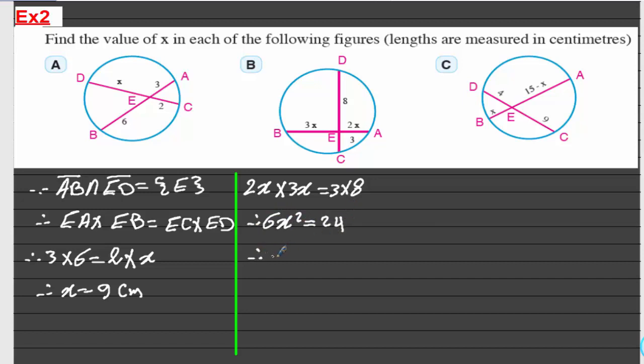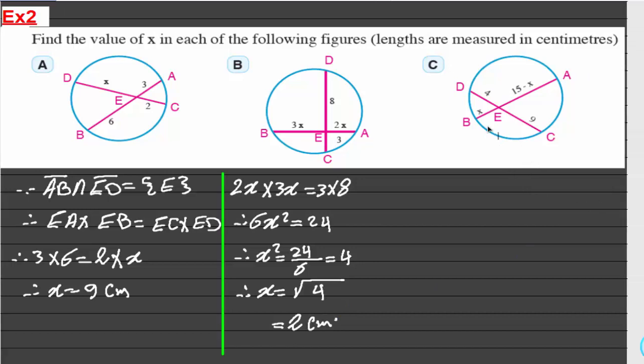So x power 2 equals 24 divided by 6, which equals 4. So x equals square root of 4, which equals 2 centimeters.